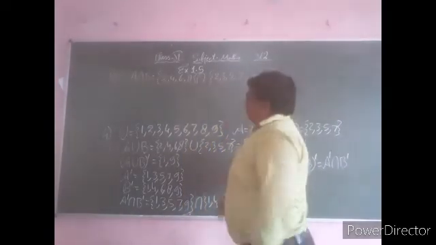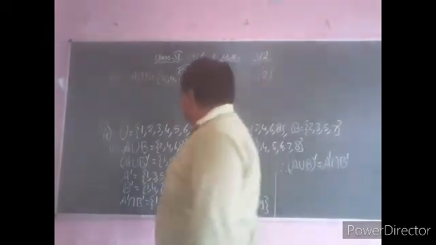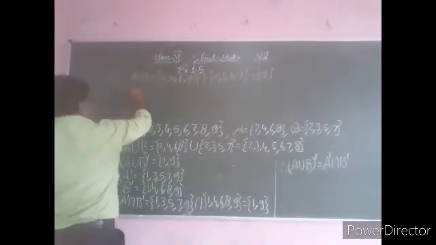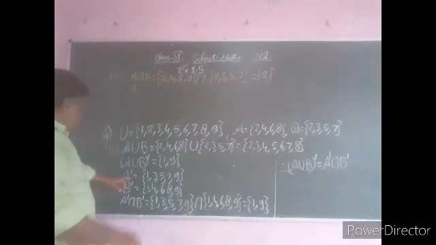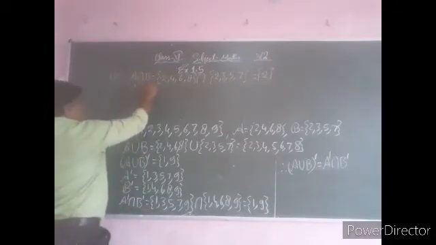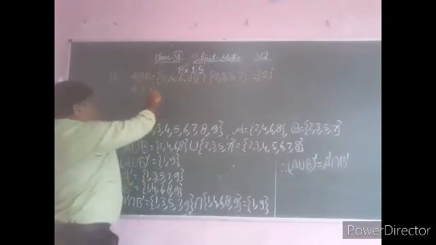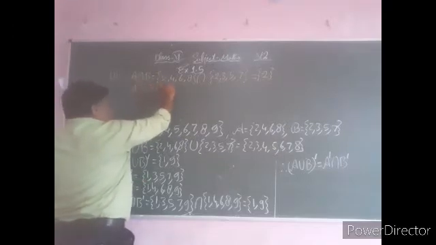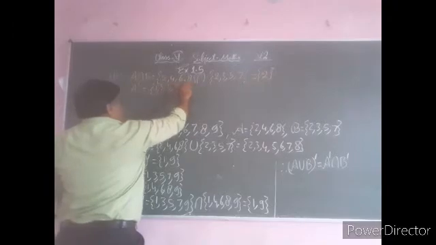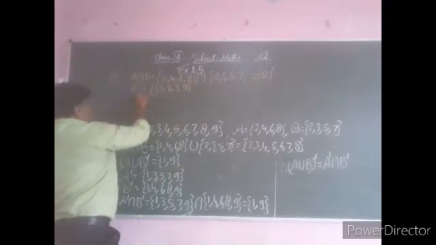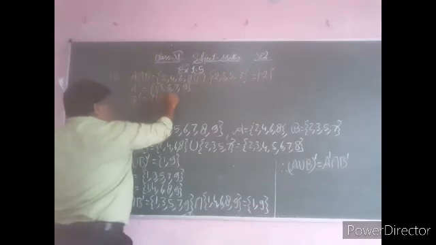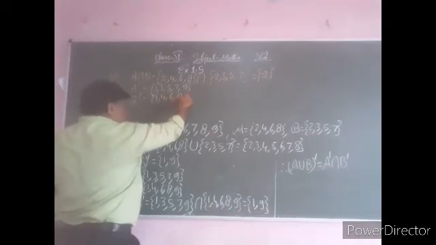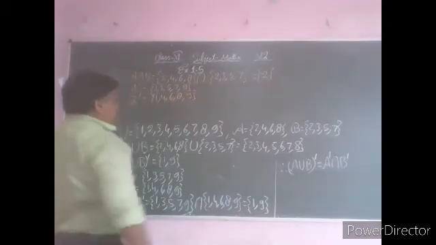Only 2 is common. Now complement of A is 1, 3, 5, 7, 9 and B complement is equal to 1, 4, 6, 8, 9.